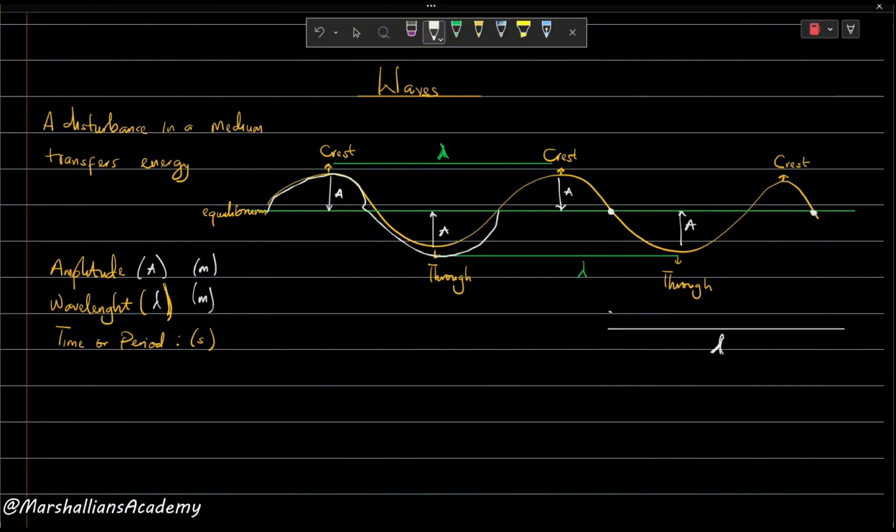This is one cycle of a wave. So the amount of time it takes the wave to complete one cycle is the period. Does that make sense? So we could basically say period is the number of seconds it takes to complete one cycle.